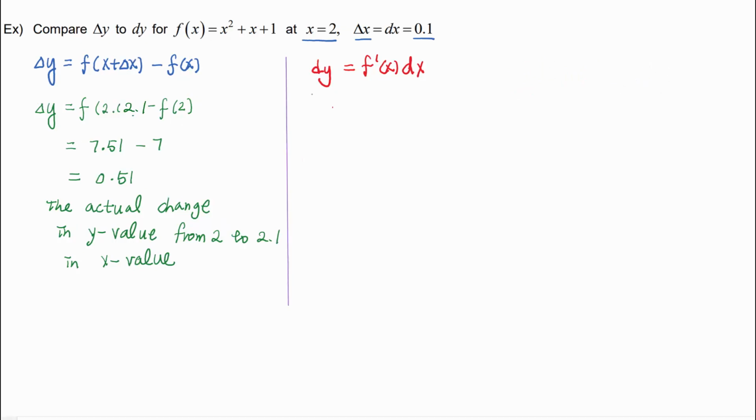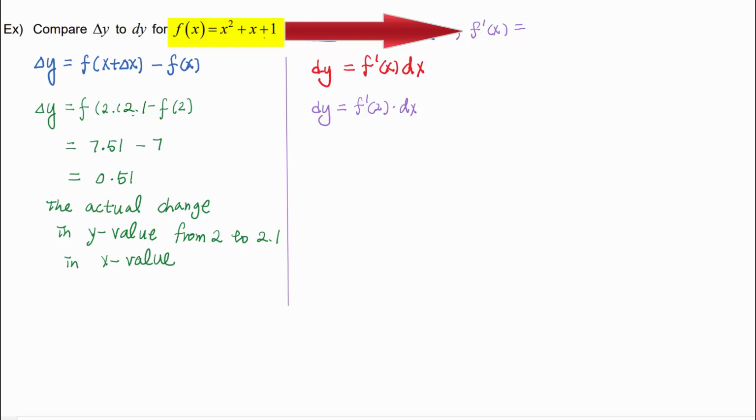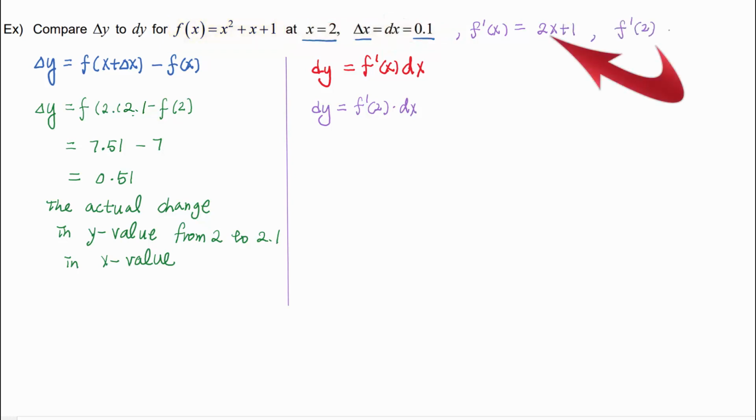In our case, our dy is equal to f prime of 2 times dx. And f prime of x is equal to, take the derivative of x squared plus x plus 1 here, we get 2x plus 1. So f prime of 2 is equal to 2 times 2 plus 1, which is 5.